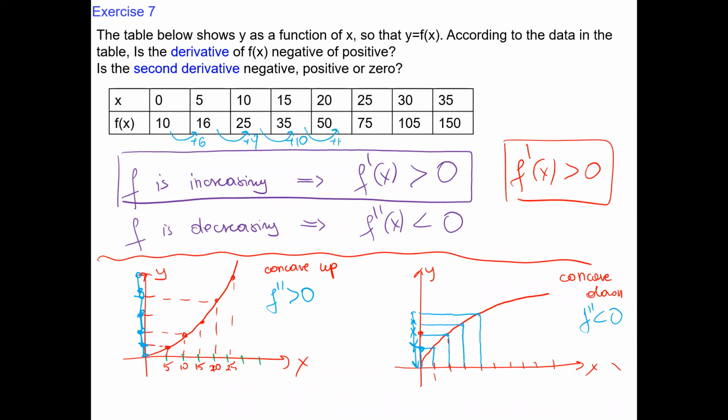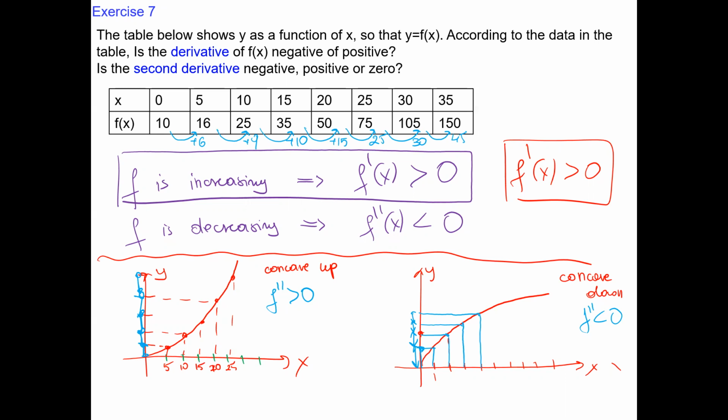Between 35 and 50, 15. Then 25, and then 30 between 75 and 105 and 150. That means these jumps, the size of the increase, is getting larger as x gets larger.